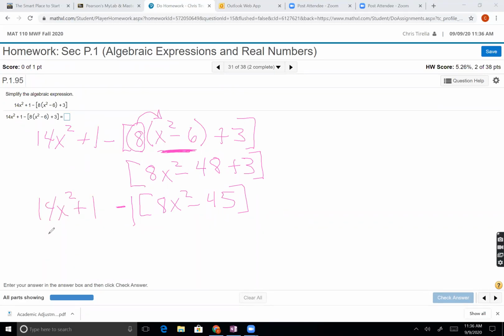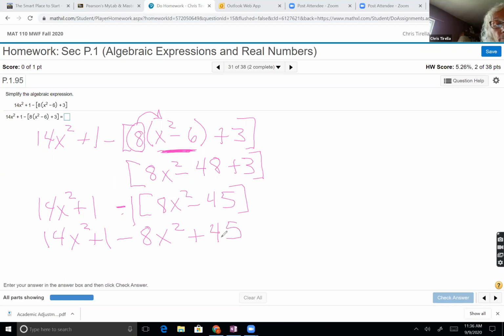So the 14x squared plus 1 stays. Then we get minus 8x squared. And then negative times negative is positive. Yes. Now do we have any like terms? Yes. 14x squared minus 8x squared is 6x squared.